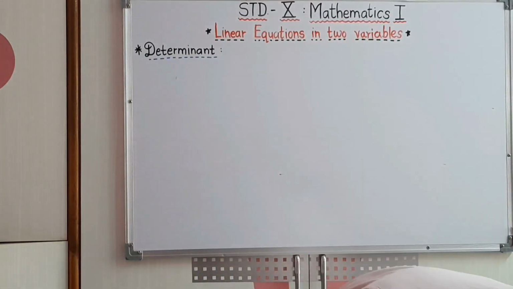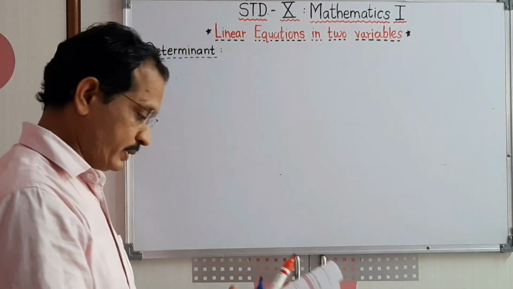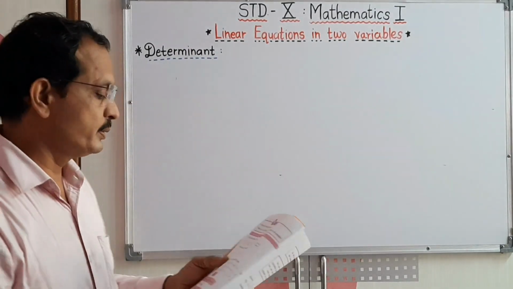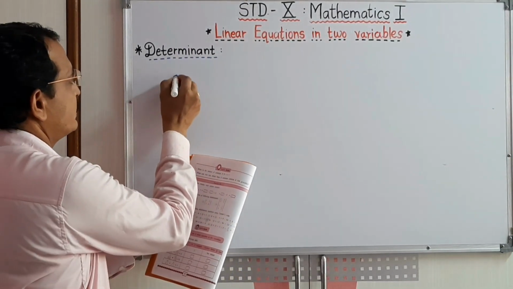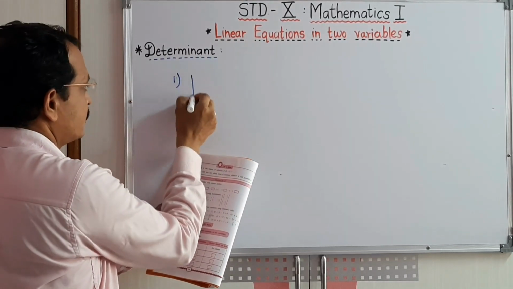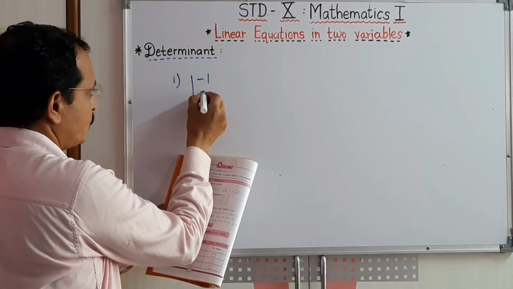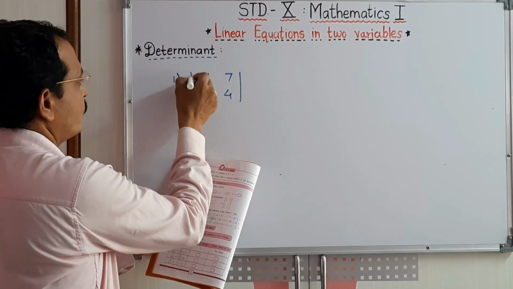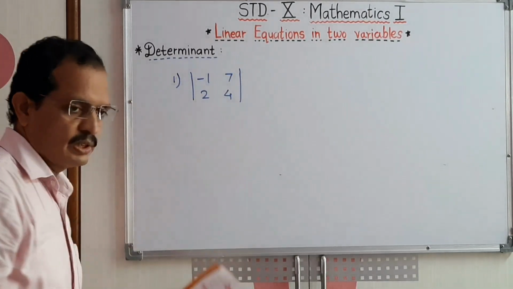In the second question, see what is given. Find the values of the following determinants. The first determinant is given, it is minus 1 2 7 4. We have to find out the value of this determinant.